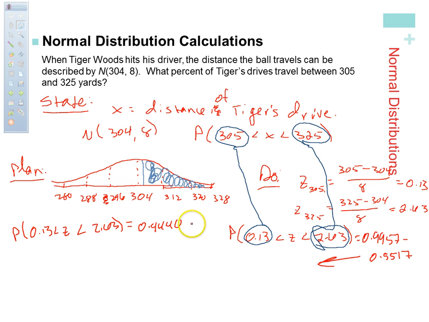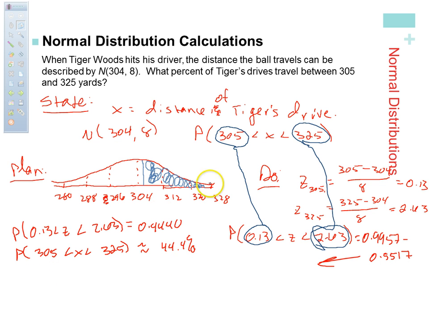Well, since 0.13 corresponds to 305 and 2.63 corresponds to 325, then that means the proportion of Tiger's drives that are between 305 yards and 325 yards is approximately 44.4%. So a little less than half the time, he drives the ball between 305 and 325 yards. So, you know, if there is a bunker or a water hazard that's in that interval out from the tee box, then he might want to consider backing off a little bit and taking that out of play.